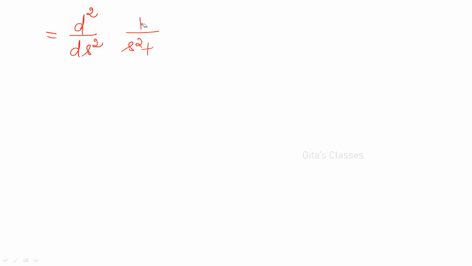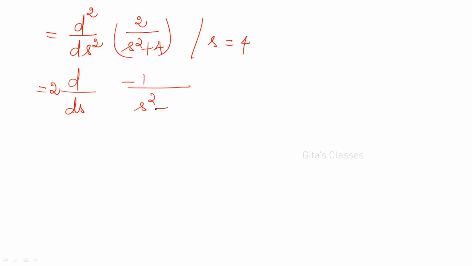It is 2 by s squared plus 2 squared, that is 4, at the point s is equal to 4. Which is d by ds of, now differentiate this, 2 I can take it outside. So minus 1 by s squared plus 4 the whole squared into 2s, right?